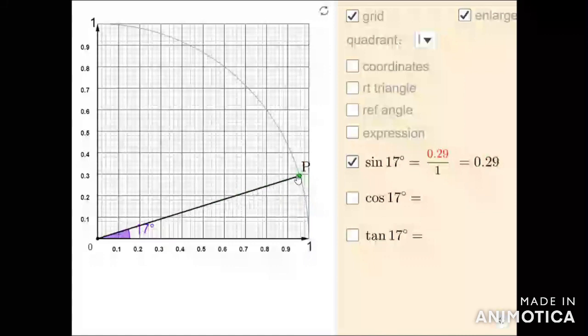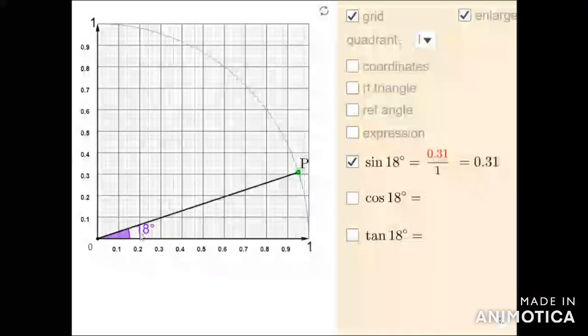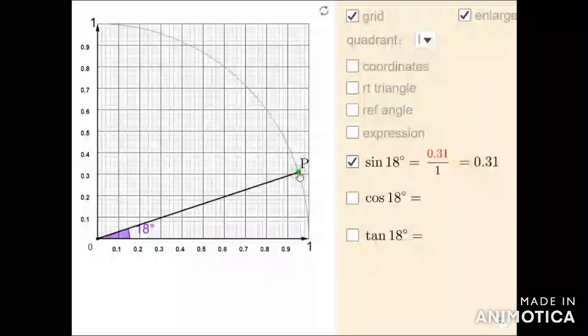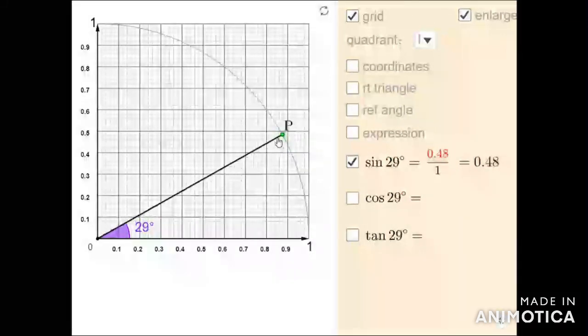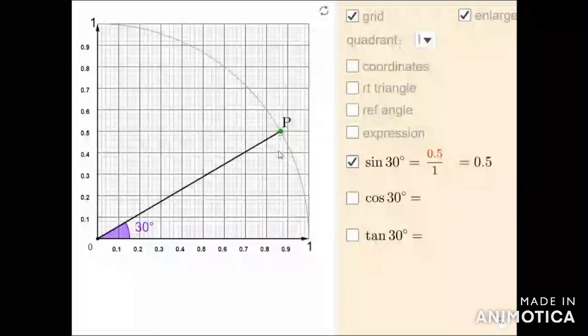For example, if the point is here, you will have sin 18 degrees equal to 0.31, and you know the value of sin 30 degrees; when the angle is 30 degrees, you will get sine 30 equal to 0.5, which is 1 by 2, and that is actually the y coordinate of this point.